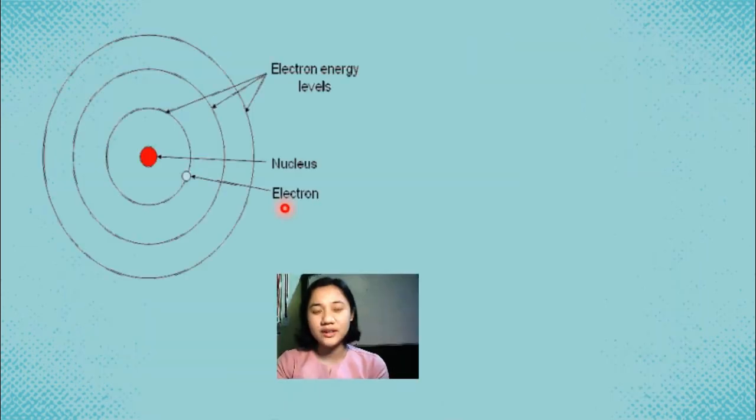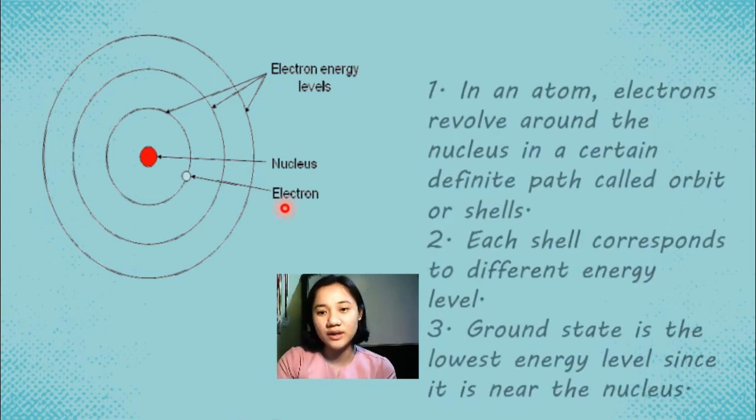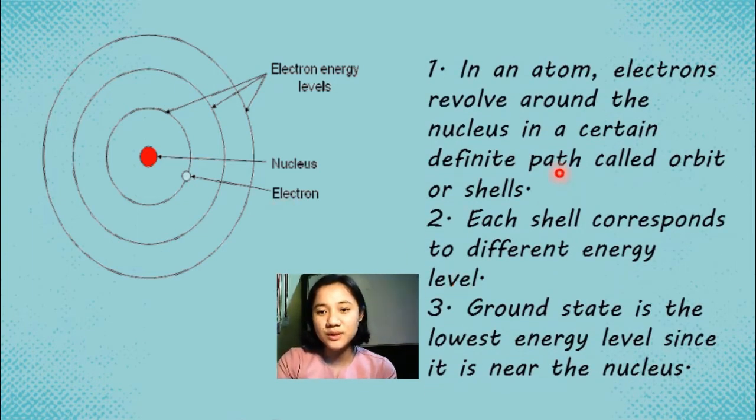These are the different important features of the planetary model of the atom by Niels Bohr. First, in an atom, electrons revolve around the nucleus in a certain definite path called the orbit or the shell. Say, for example, this is our electron, and the pathway it revolves around is called an orbit or shell.